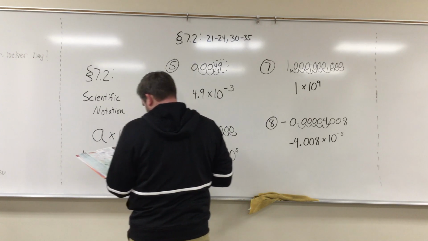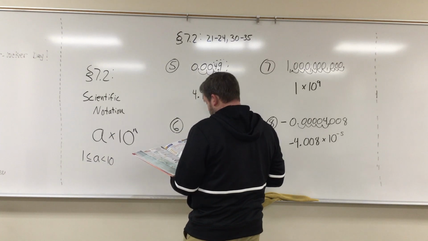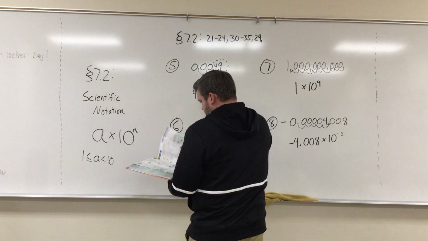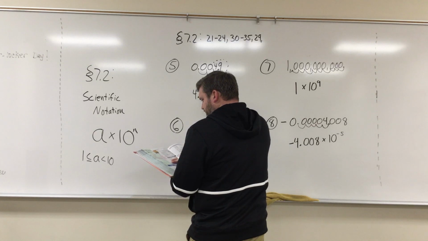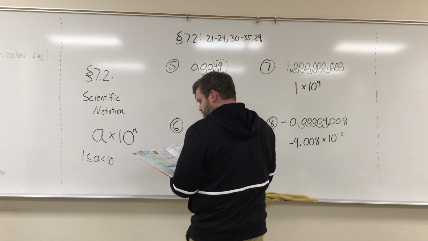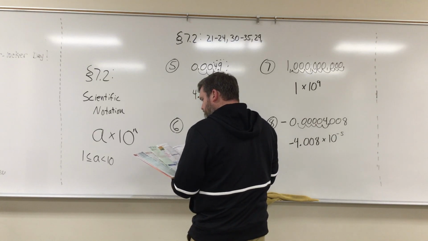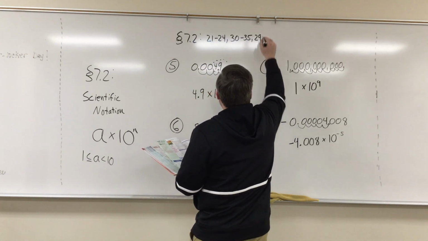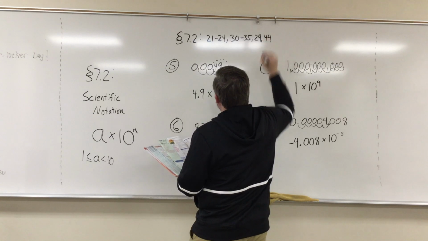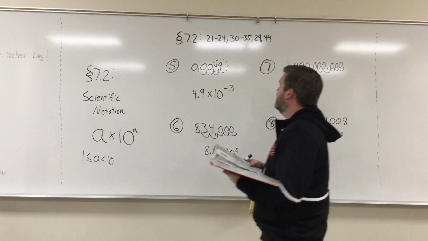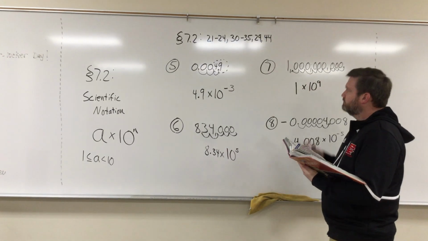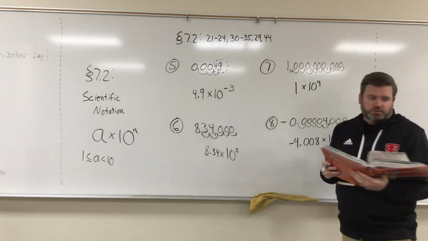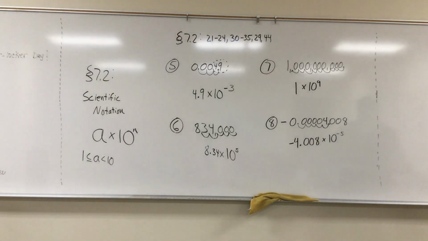And let's do 29. I know that's kind of out of order there. 29 and 44. Okay, so you have 21 through 24, 29, 30 through 35, and then 44. So it shouldn't take you too long to get those done.